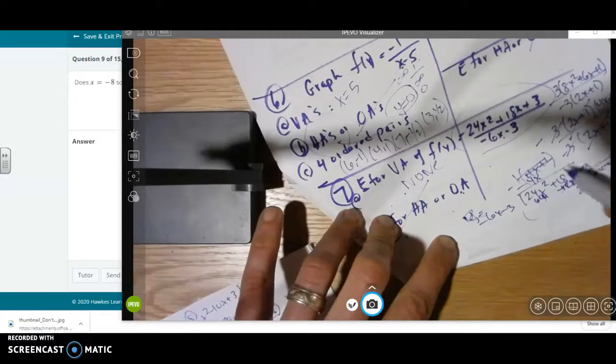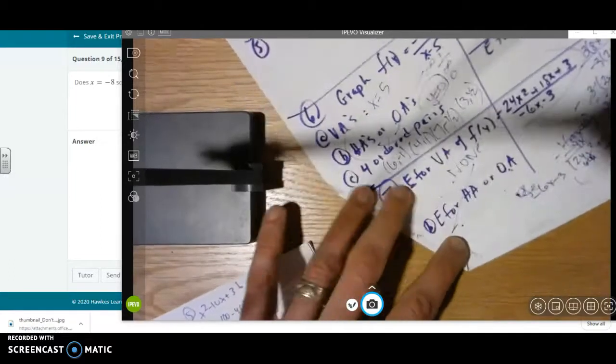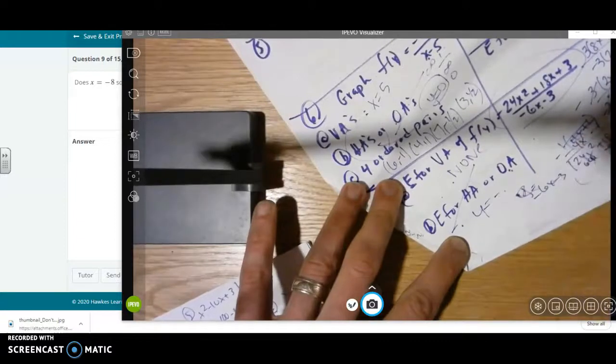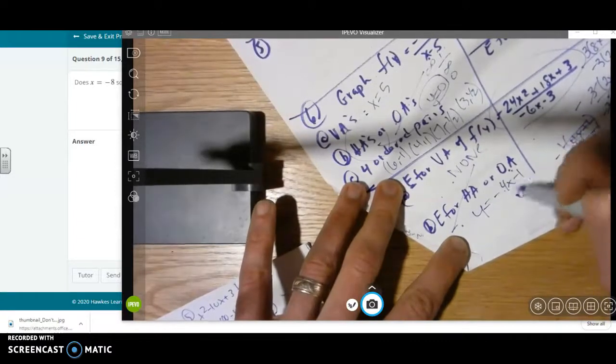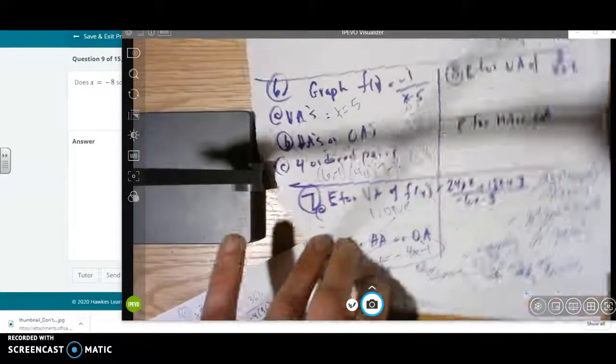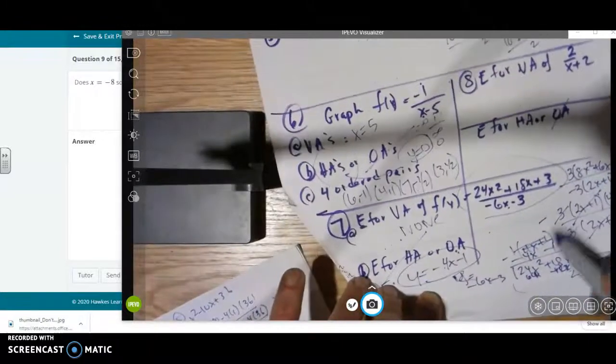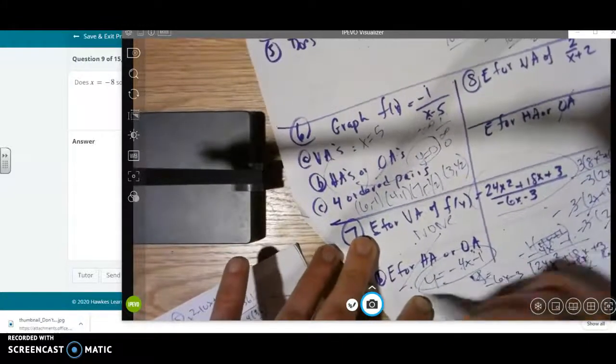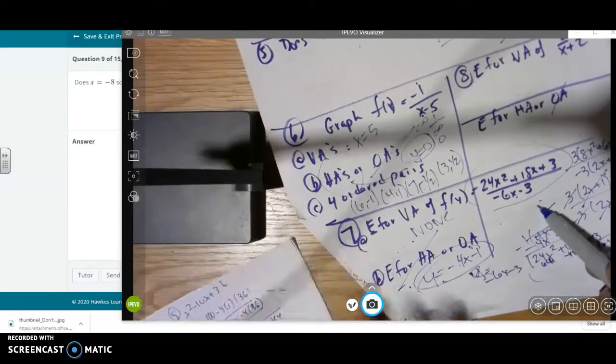So divide that in, it's going to be -1. So it's going to be y equals -4x minus 1. Well, we knew that already because we divided it out.